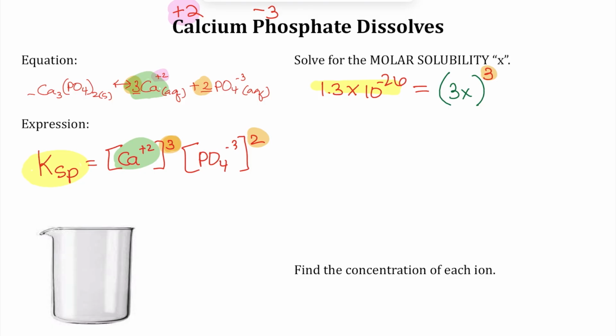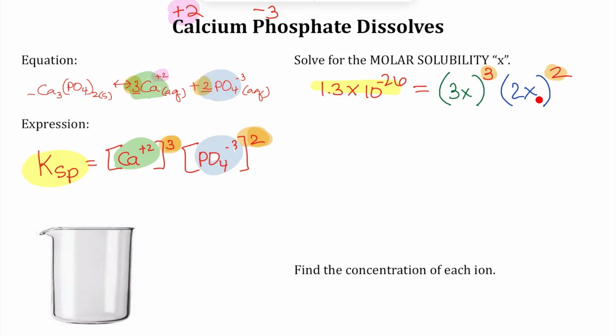Then I'm going to have my PO4. I have 2 PO4s, so we're going to have 2x for our 2 moles of phosphate ions. But I also, again, still have that 2, so I need that 2 here. So I did my substitutions, taking into account how many moles I have and getting a common variable.